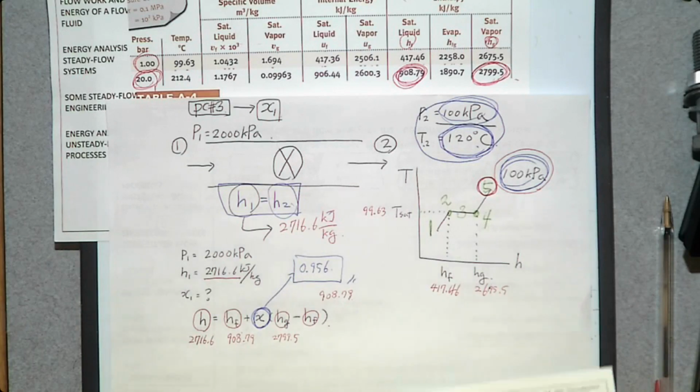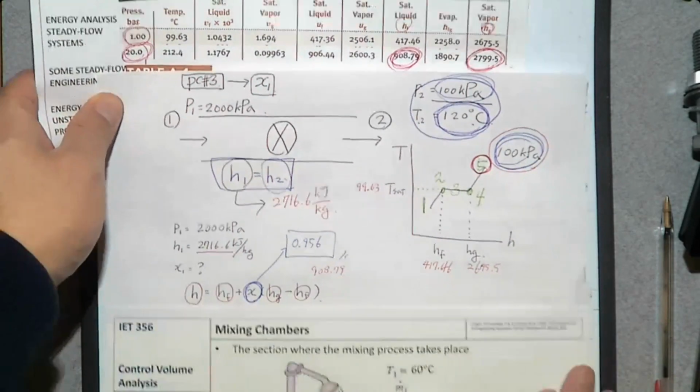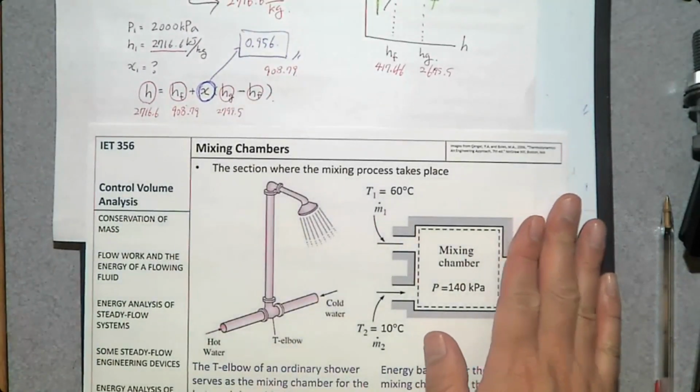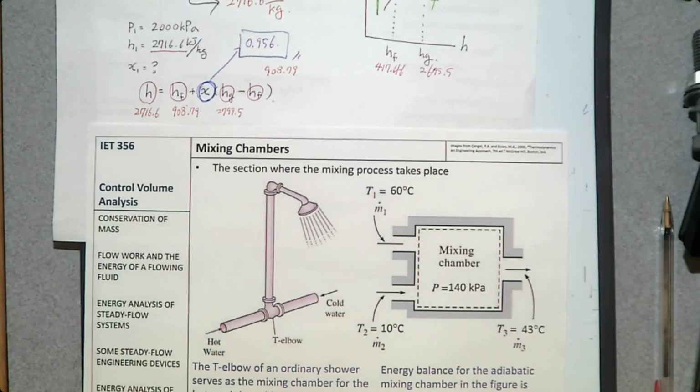The next one is a mixing chamber. What is a mixing chamber? It's a device that has more than one inlet and only one exit. So we have two inlets and one exit.